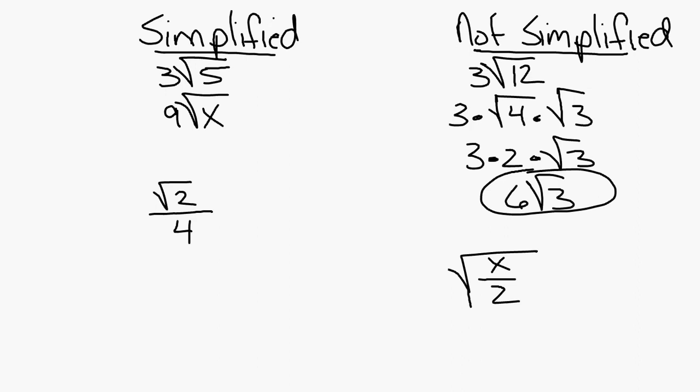How about 5 over the square root of 7? Why is that not in simplest form? There's a radical in the denominator, so that's not in simplest form. Okay? So those are 3 examples of the 3 rules for being in simplest form.